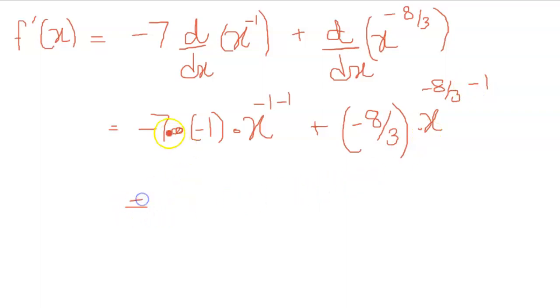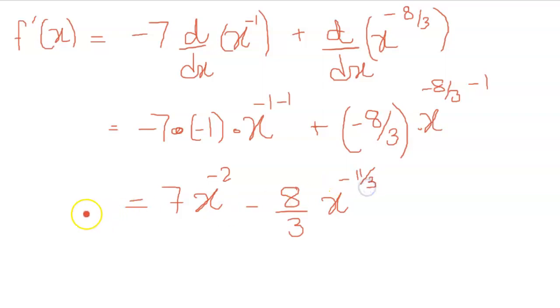Minus 7 times minus 1 is just 7, x to the power minus 2. That is a plus and that's a minus, so that gives me minus 8 over 3, and then x to the power minus 8 over 3 minus 1, which is minus 11 over 3. And this is your answer.